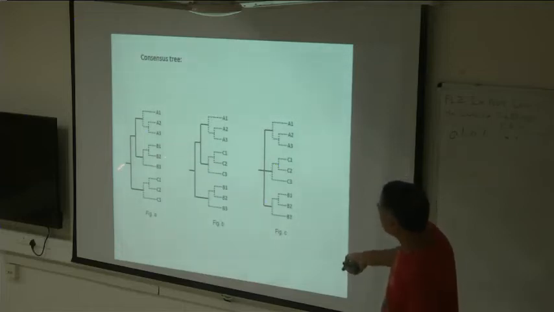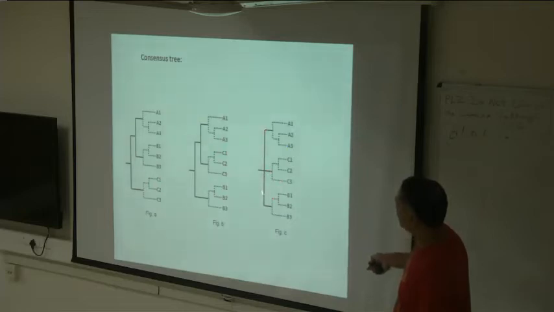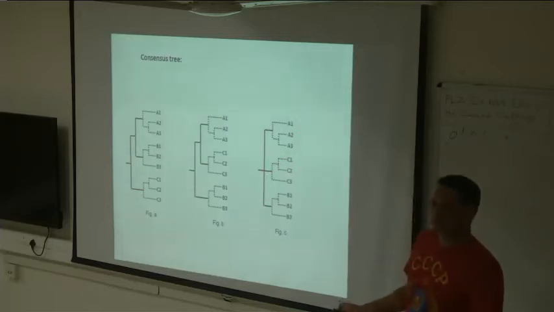But if the higher level relationship is different in the 2 topologies, but you are interested in the relationships within these clades, and those are not different, then you can show the higher level relationship as a trichotomy, and just show the relationships within these clades, right?